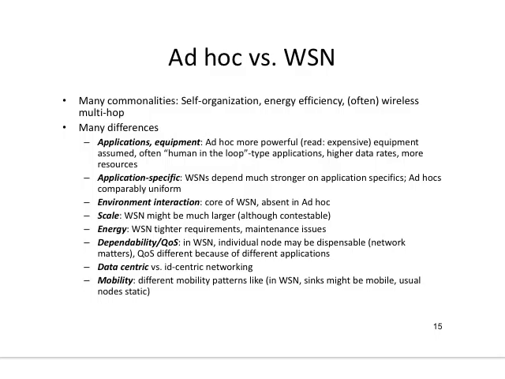Wireless sensor network talks about environment interaction, as we said. Wireless sensor network might scale from very few nodes all the way to 1 million nodes. So the scale of the network is very, very wide. Whereas for ad hoc, you're not talking about that many nodes in a network.